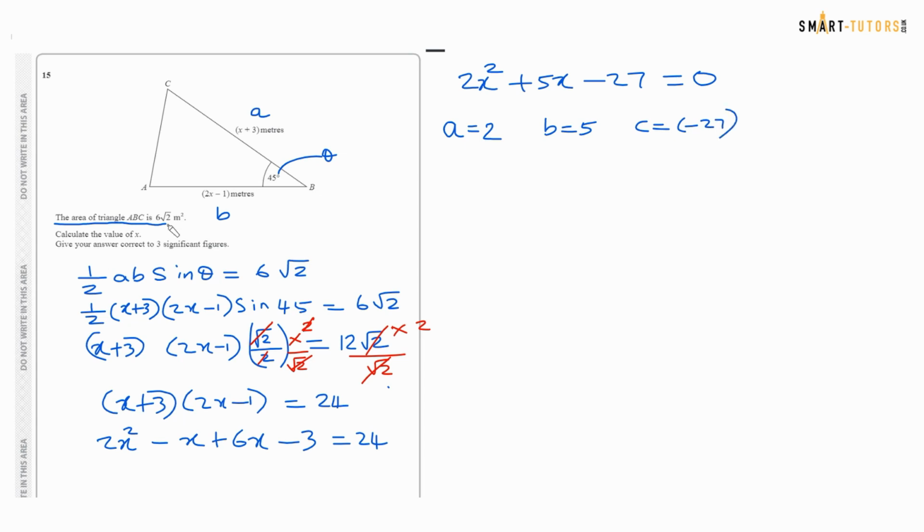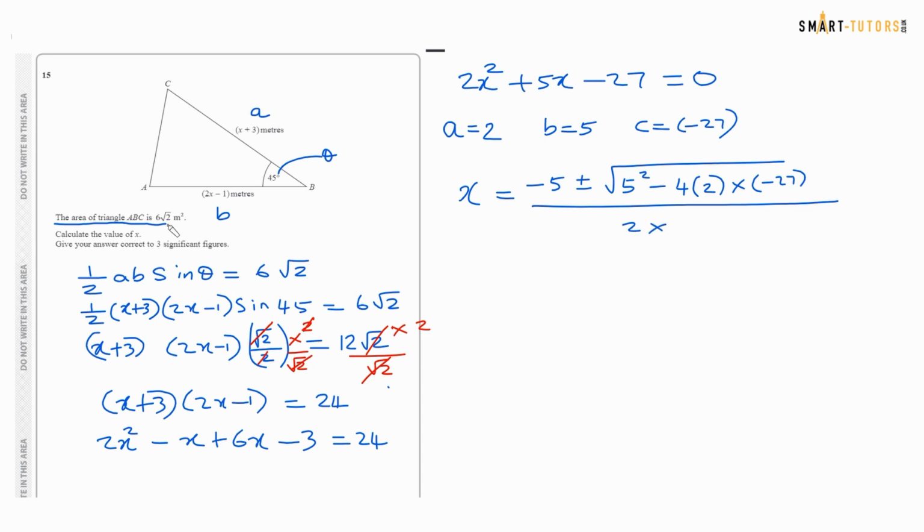So for the quadratic formula, we need to identify a equals 2, b equals 5 and c equals minus 27. Before you jump onto the calculator to press the buttons, I would like to advise you, show the examiner what you are substituting. So x equals minus b plus or minus square root of b squared, so 5 squared minus 4 times a times minus 27, over 2 times 2.